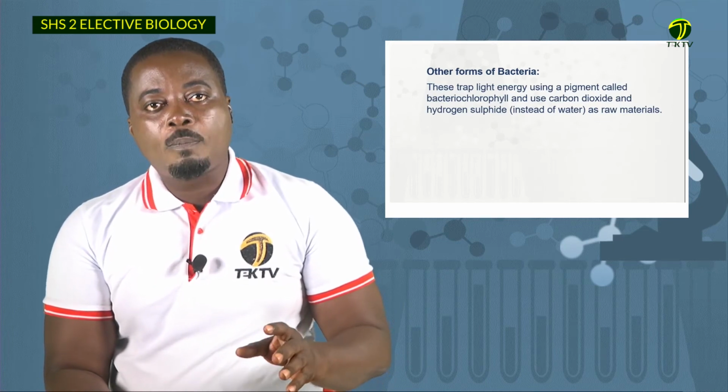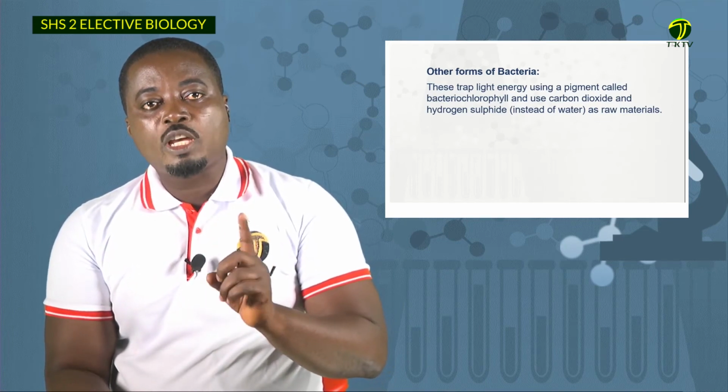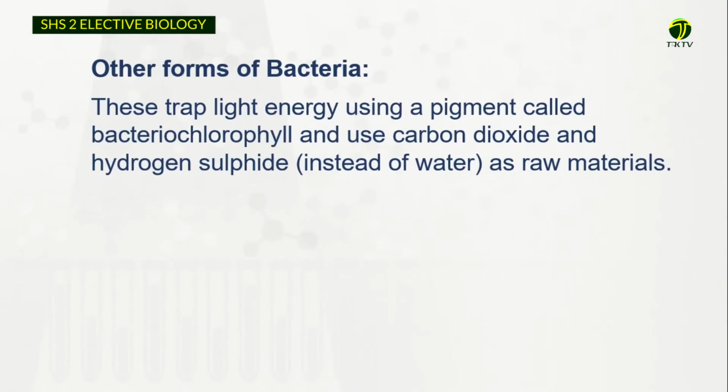They trap light energy using a pigment called bacteriochlorophyll and use carbon dioxide and hydrogen sulfide instead of water as the raw materials. So here, we are using hydrogen sulfide instead of water as the raw materials.